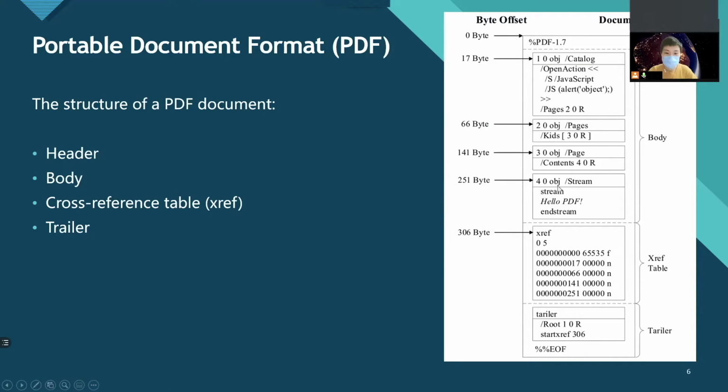As shown in the figure, the body specifies the content of the PDF and contains text blocks, fonts, images, and metadata regarding the file itself. It contains a set of PDF objects that constitute the content of the document. The attack is usually achieved by modifying the body and the cross-reference table.